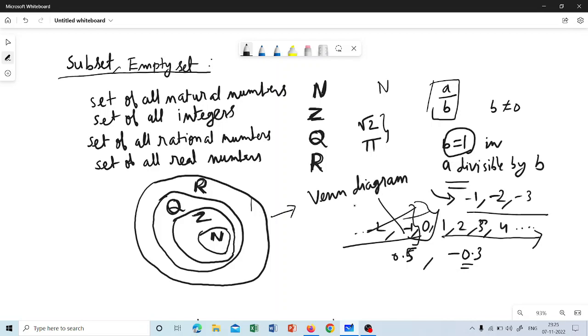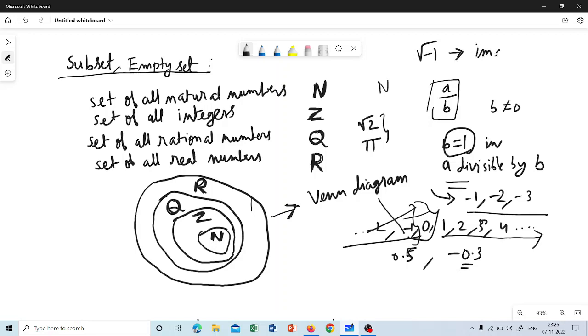Why I am stressing this point is that inside real numbers there are rational numbers, integers, natural numbers, all come under real numbers, right? Then you will also see that not all numbers are real, because the square root of minus 1 is not real, it does not exist, it is imaginary.